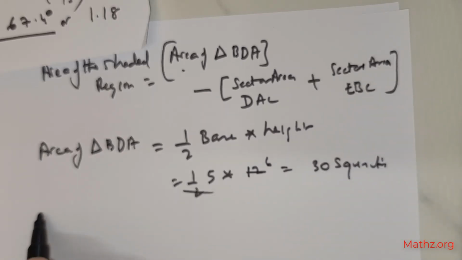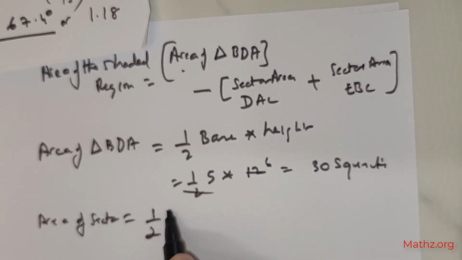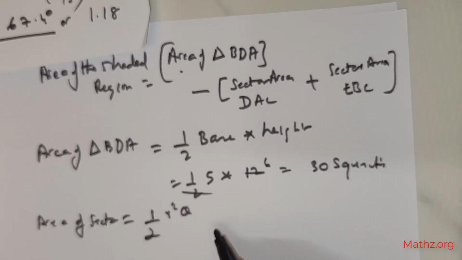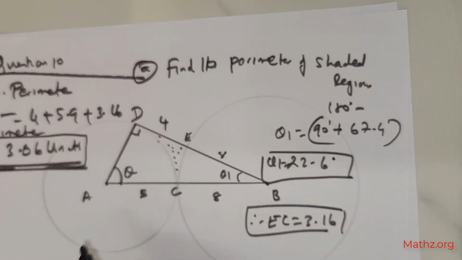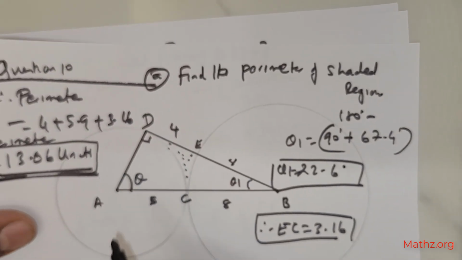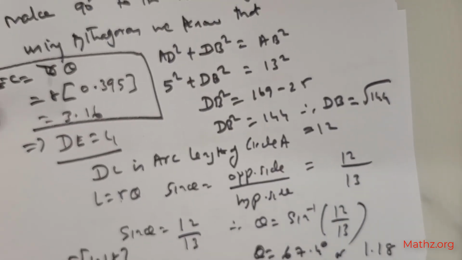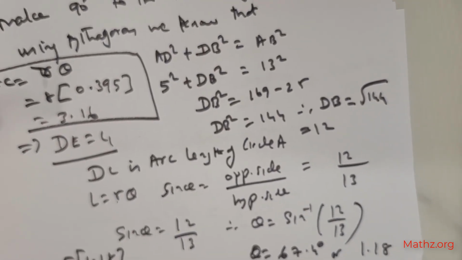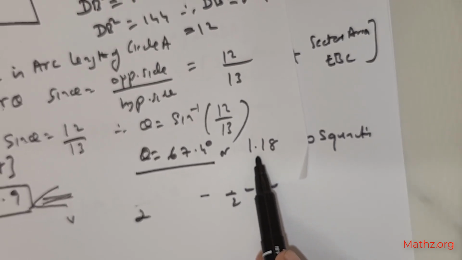Now area of sector. Area of sector is equal to half times r squared times theta. Now 1 over 2 times, for the first sector, this sector, the value of radius is 5 units, so 5 squared times theta. I told you we have to utilize the theta value as 1.18.